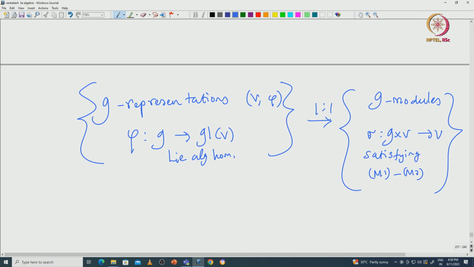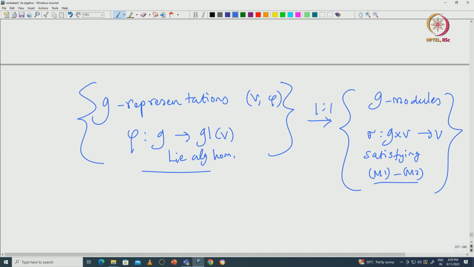If you are seeing this for the first time, if you have not done any module theory in your algebra course, I urge you to check this correspondence very explicitly. Basically all you need to do is check that the map from phi to phi tilde satisfies these conditions, and from sigma to sigma bar, that also satisfies the conditions given here.